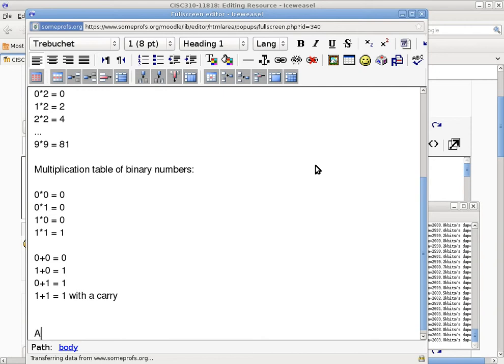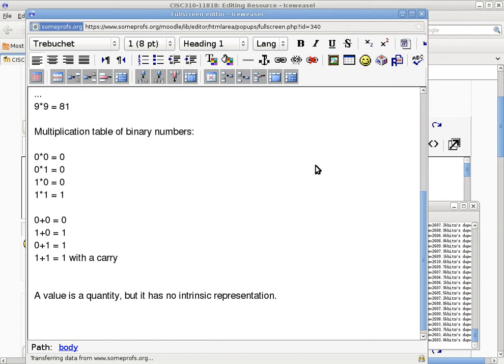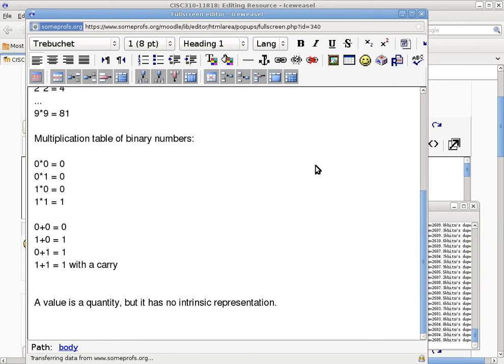Okay? A value is, I was tempted to say a value is a value, but I have to pick another word for it. A value is a quantity, but it has no intrinsic representation. So if I want to give you an example of a quantity, let's say the character Z represents an object.